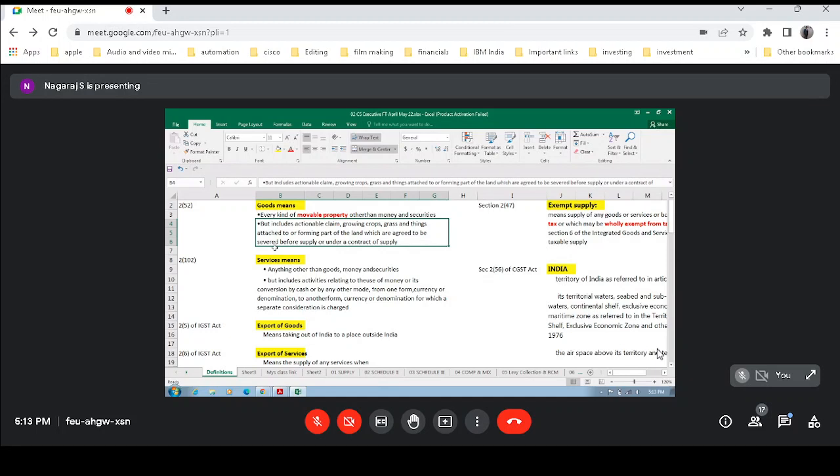If any person comes to an agreement with the farmer or the grower who is growing those trees, yielding coconut and mango in our case, before supply, meaning before it is moved from one place to another, and says I will only bring my labor and I will cut those, then whatever the mango or the coconut in our case, that will also be treated as goods.